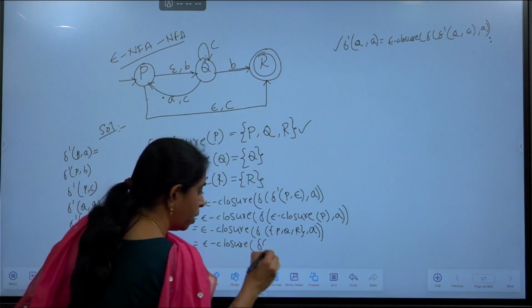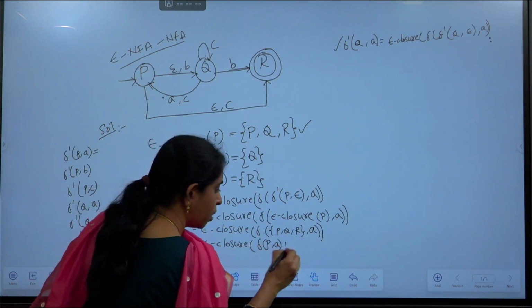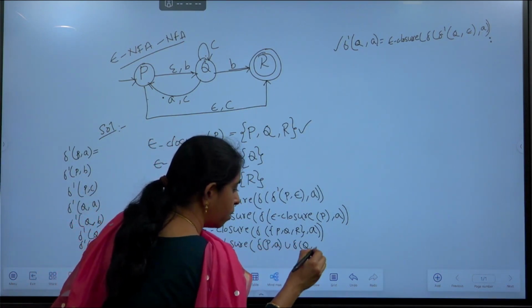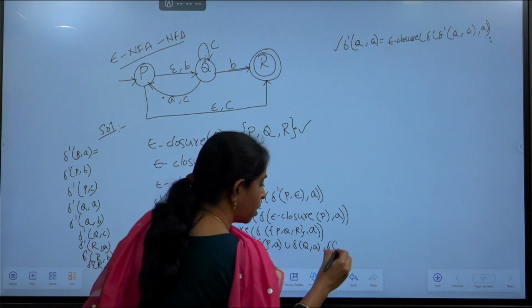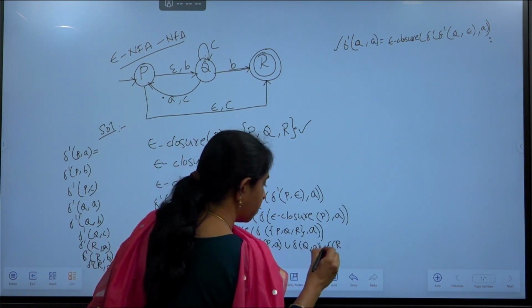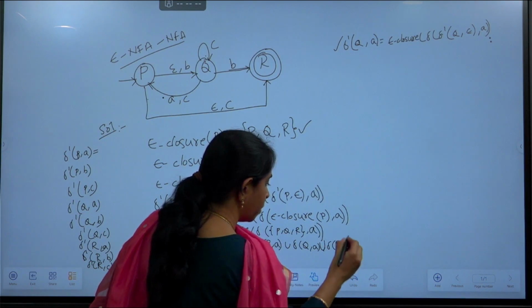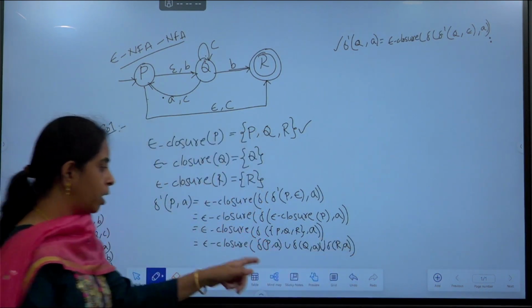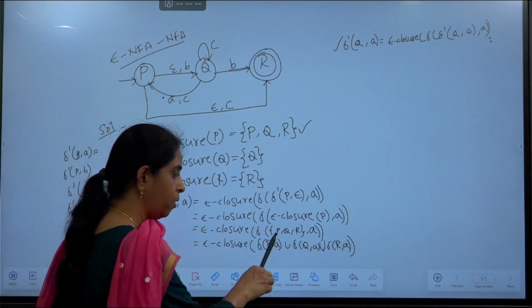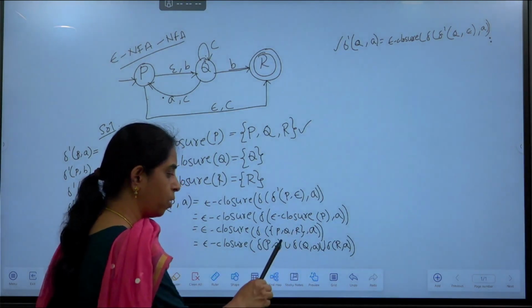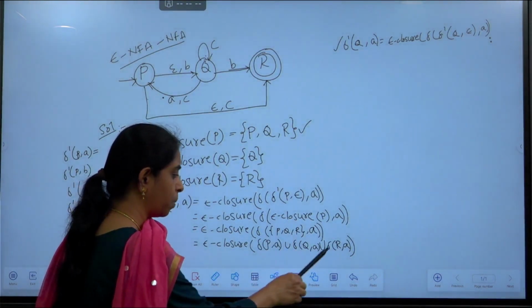That means delta dash of P comma A union delta dash of Q comma A union delta dash of R comma A. We apply this for P, Q, R on input alphabet A, writing with the union operation here.